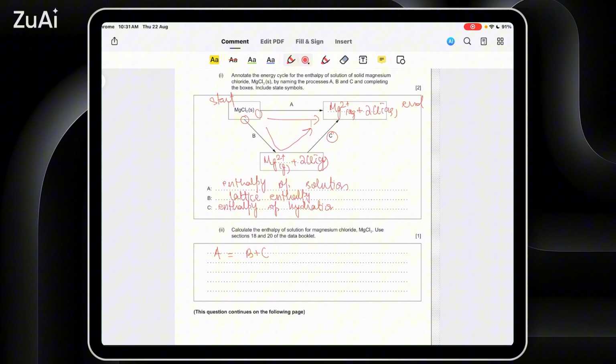So like enthalpy of solution is equal to lattice enthalpy plus hydration.